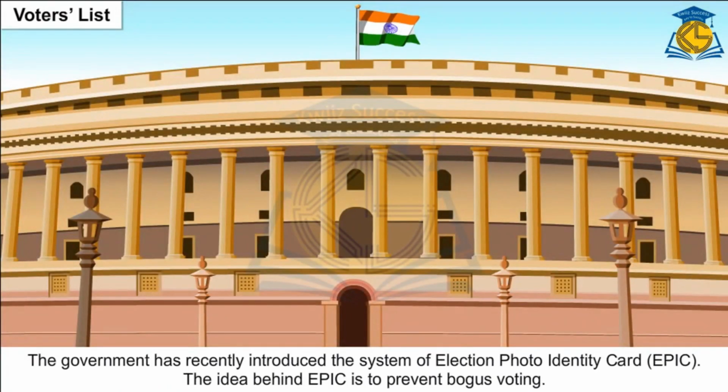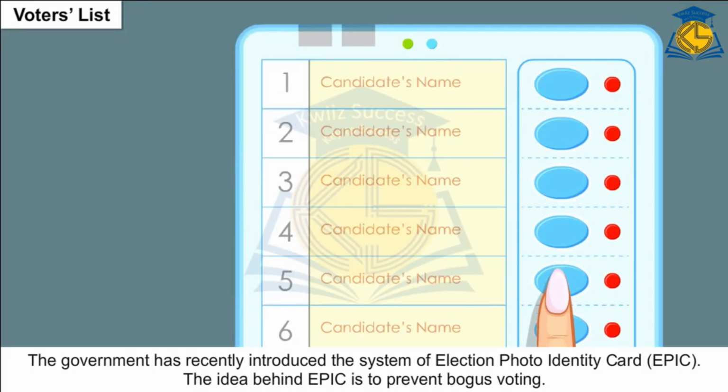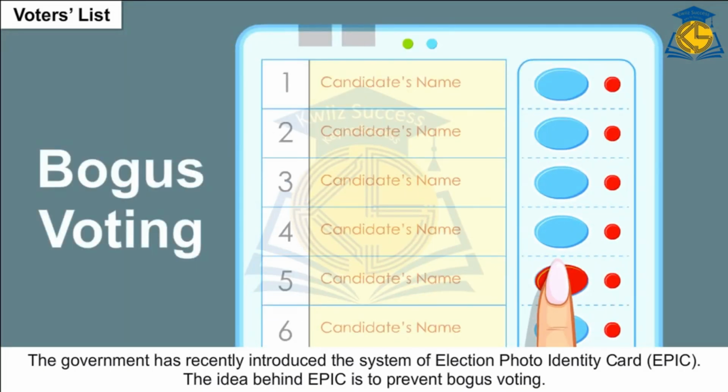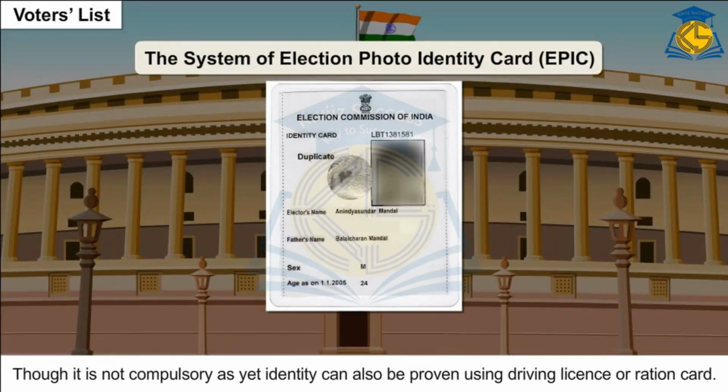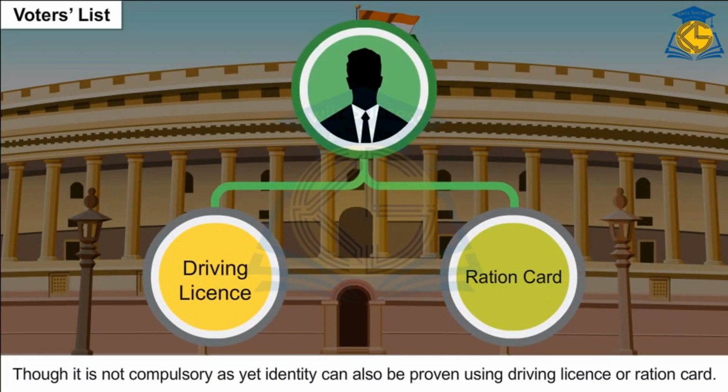The government has recently introduced the system of Election Photo Identity Card or EPIC. The idea behind EPIC is to prevent bogus voting. Though it is not compulsory as yet, identity can also be proven using driving license or ration card.